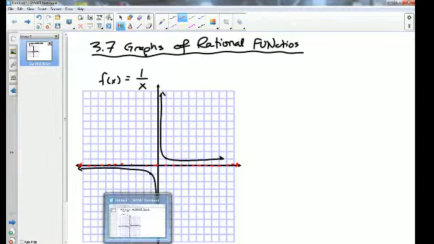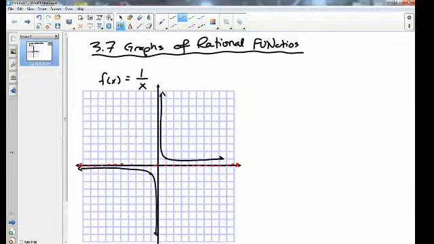It can cross the line, but as x approaches infinity, y approaches what? As x approaches infinity, y goes to 0, right? That would be called a horizontal asymptote because of that reason. And only spell it with one S, please.